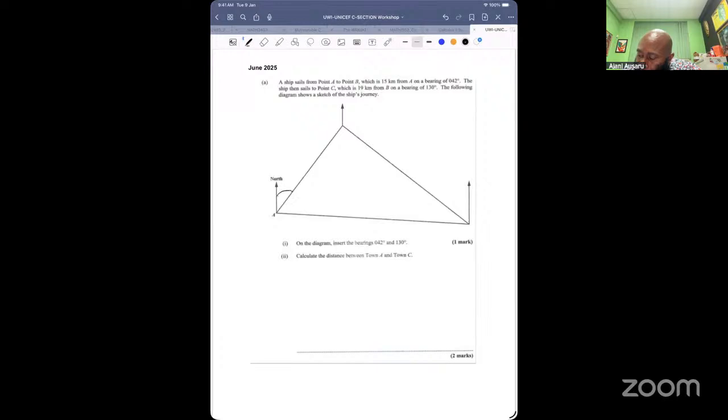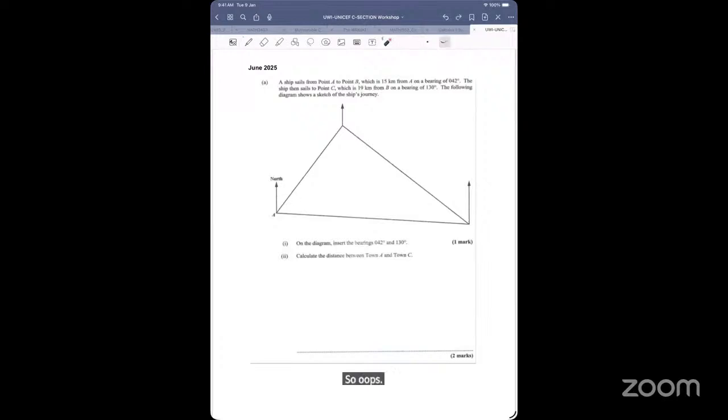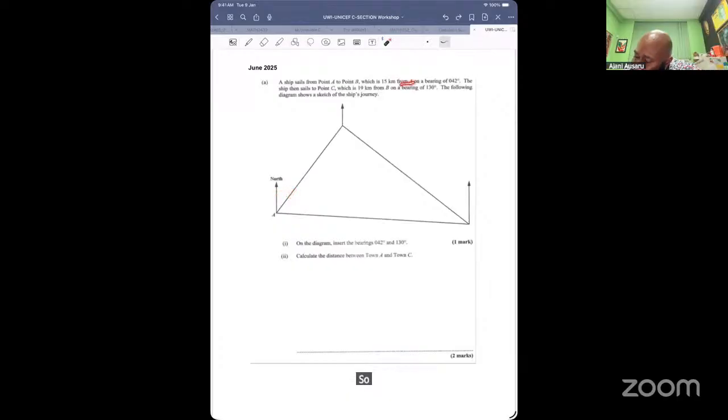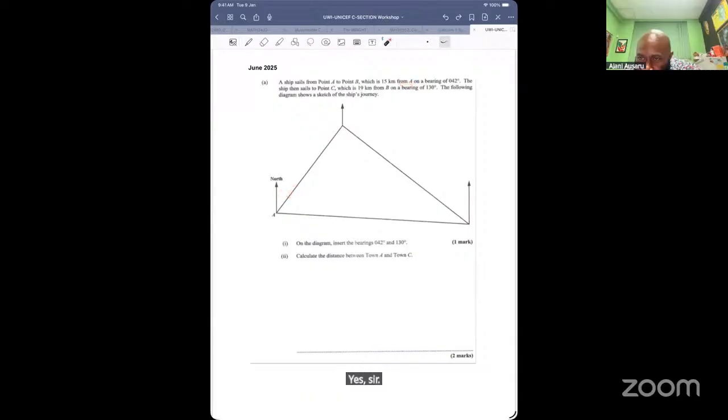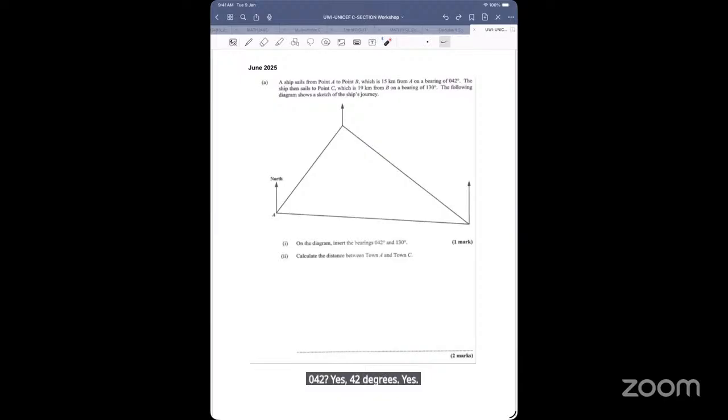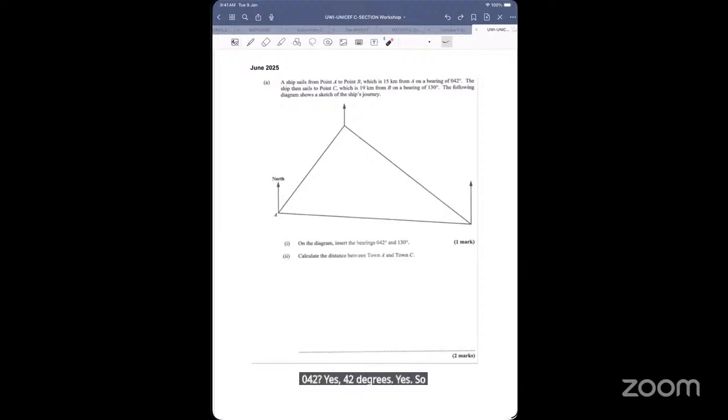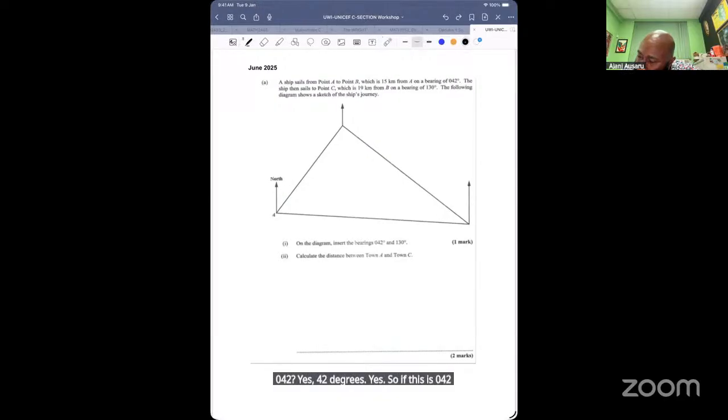Sir, the bearing of A is 042. So you start at A, and 42 is an acute angle, right? Yes, sir. 42 degrees, yes? So if this is 042, let me use a different color here.